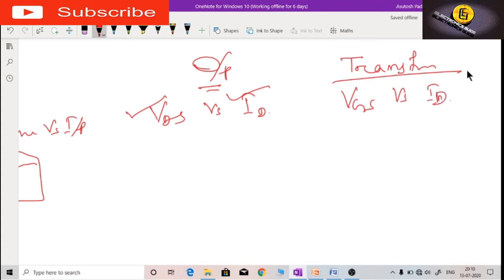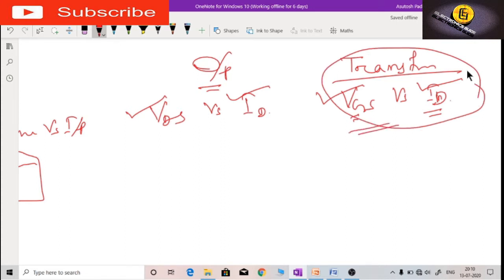This is the input voltage and this is the output current. So one input parameter is there and one output parameter is there. The relationship is known as transfer characteristics. Now, in today's video lecture, we are going to draw only this characteristic. In the next video, we are going to draw the transfer characteristic curve.